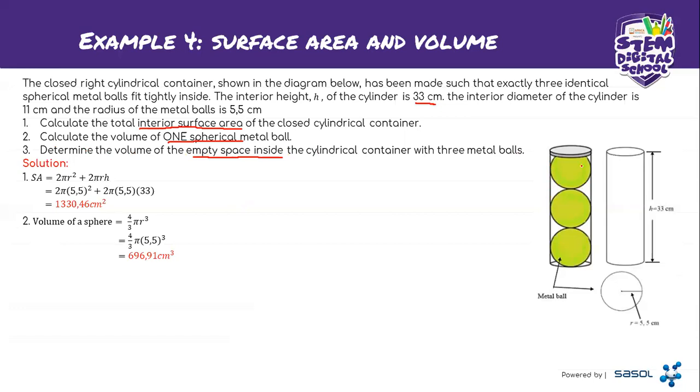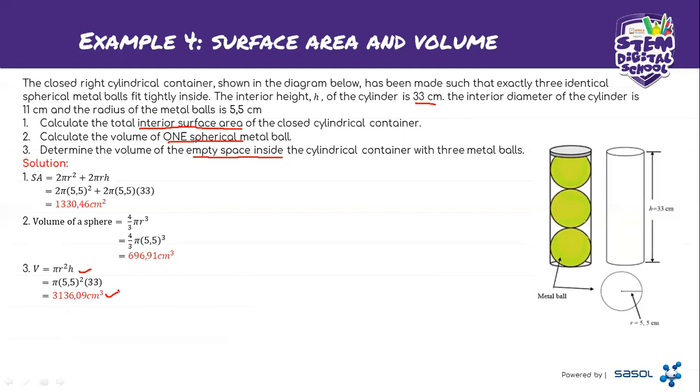We have to calculate the volume of that space. How do we do that? First, you calculate the volume of the cylinder, and you substitute the values. It gives us 3,136.09 centimeter cubed. So this is the volume for the whole cylindrical container.